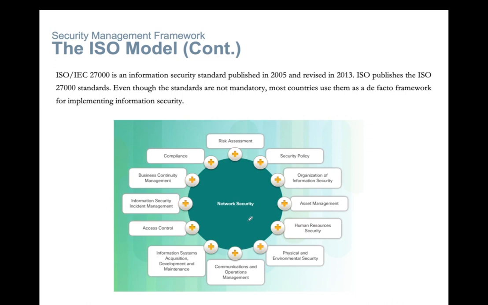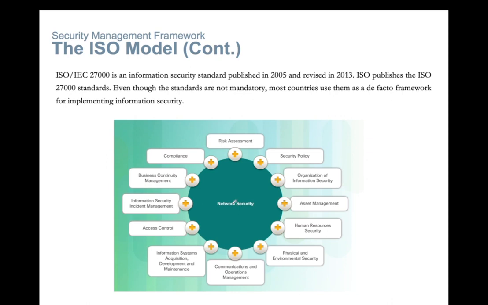It is a peer model in which each domain has a direct relationship with the other domains. The ISO 27000 cybersecurity model is very similar to the OSI model in that it is vital for cybersecurity specialists to understand both of these models to be successful.